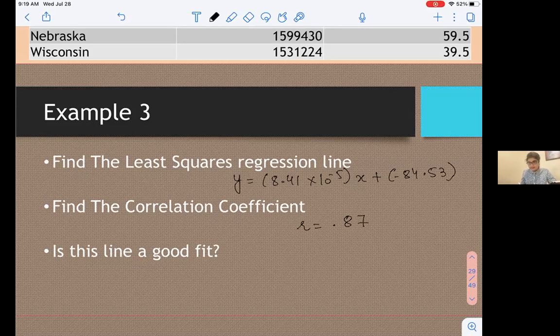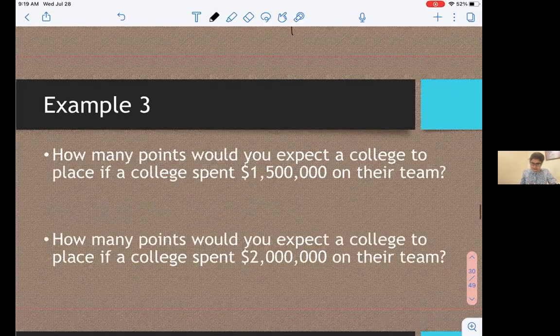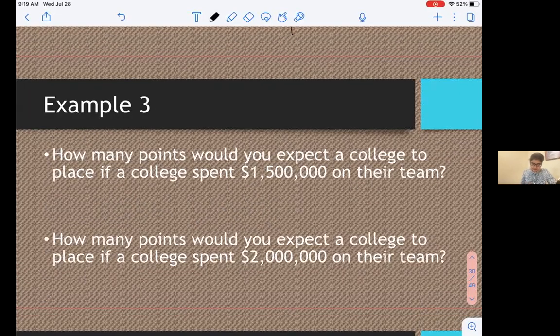So this is greater than 0.75. So this means it is a good fit. So now it is a good fit. So we have to predict the values, like how many points would you expect a college to place if a college spent this amount of money.